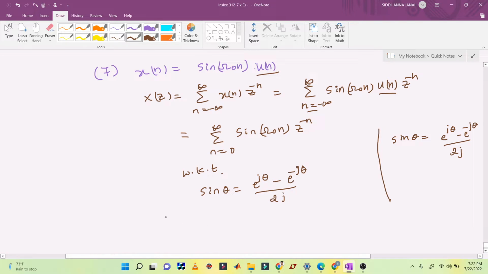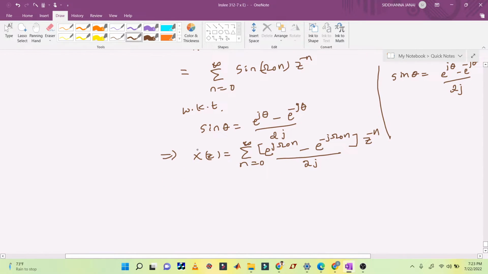This implies x of z is equal to summation n is equal to 0 to infinity of e to the power j omega naught n minus e to the power minus j omega naught n, multiplied by z power minus n, divided by 2j. So this 2j is a constant which we can take outside the summation, 1 divided by 2j.